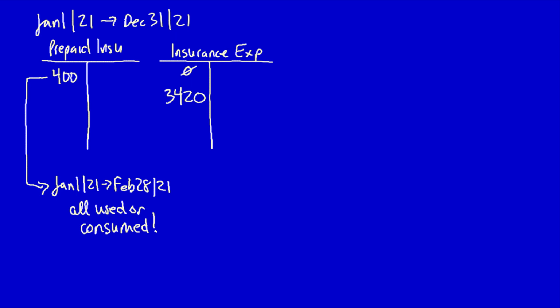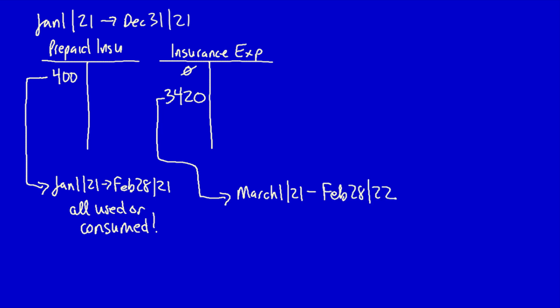But now let's look at the other insurance policy that I purchased. This is from March 1st, 2021, all the way to February 28th, 2022. How much have I used or consumed this year? Well, from March 1st all the way to December 31st, 2021.